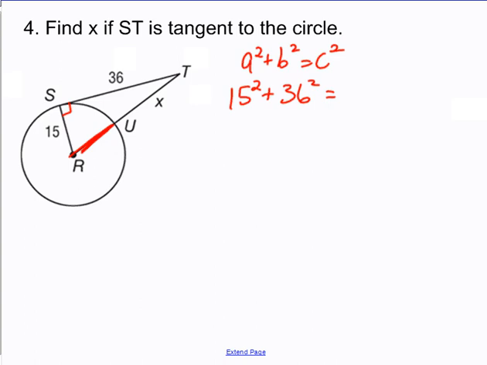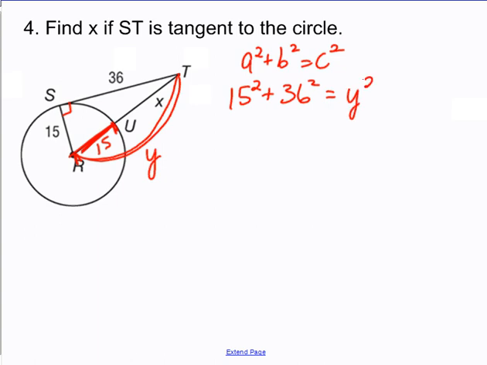Well, here's the clue. I know that this is 15 right here because that's the radius. But I'm going to make a new variable and call it y for the whole thing. Because once I figure out what y is, then I can subtract 15 from it, and then I'll get x. Okay, so this is going to be easier than you think.